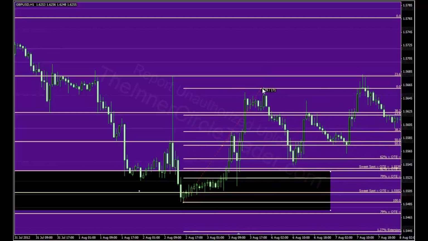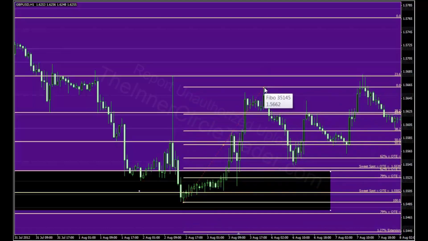Pull that up to the high here. And here's your 62% retracement level here. Okay, or you could use the low that's formed right here. Okay, this is actually a New York Open kill zone, so you could use this swing point for a reference.